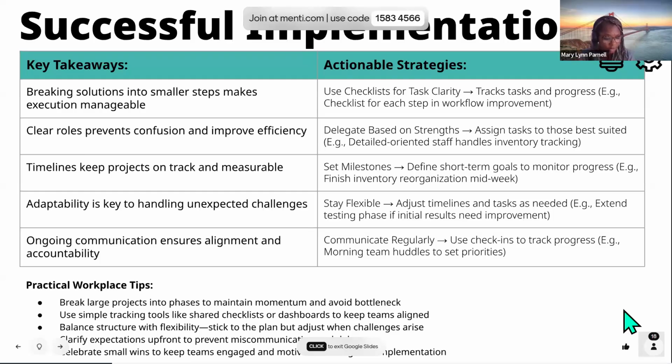Balancing structure and clarifying expectations upfront to prevent miscommunication. And then the big thing, especially in implementation, is to celebrate small wins. How do we keep our team members engaged and motivated within implementation so that they also continue to feed into communicating? How is this going? How are we doing? How are we performing?